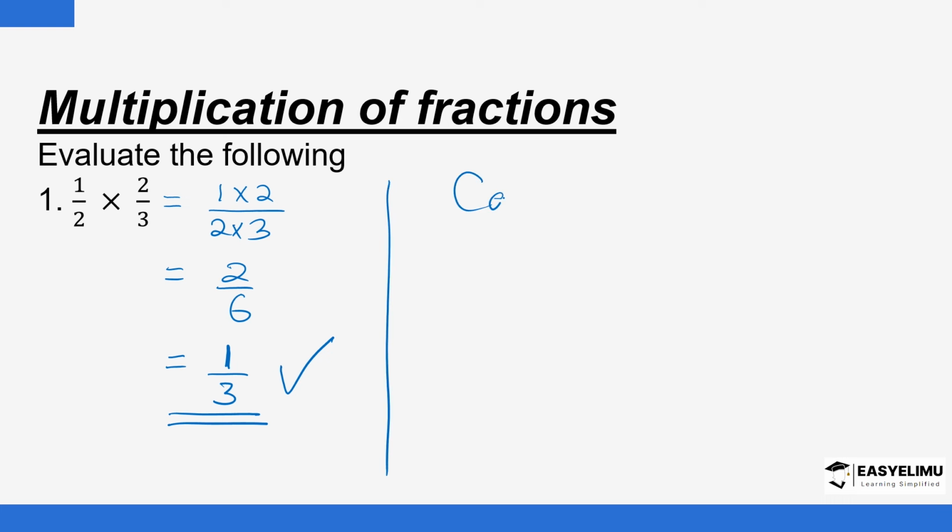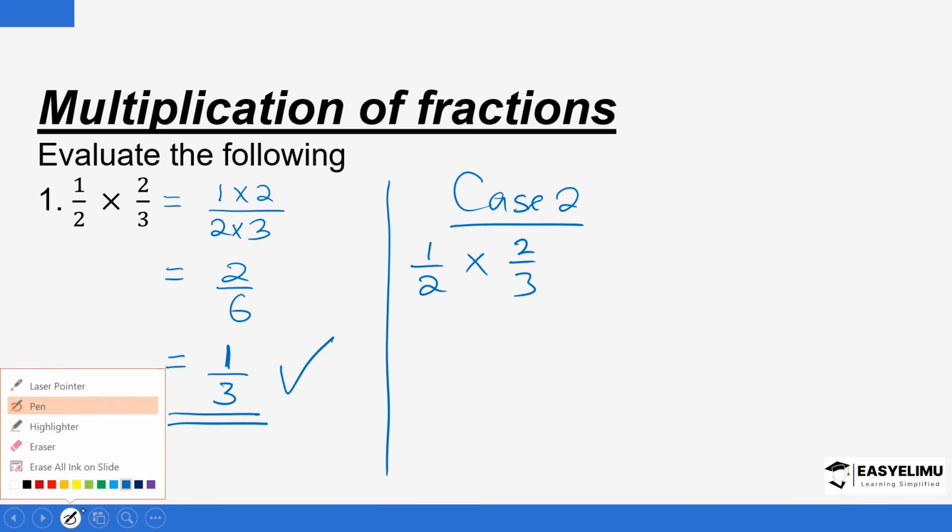Now, case 2, or the alternative approach, is where, when we have 1/2 multiplied by 2/3, you simplify this diagonal first, before you multiply the numerators. You see this diagonal here, they have a common factor, which is 2.